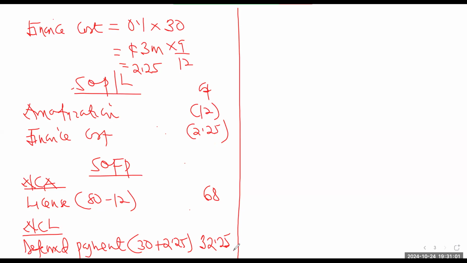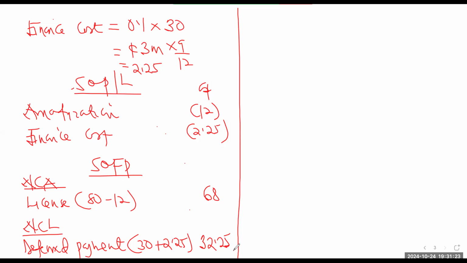So if the entity is committed to the renewal and the cost is insignificant, we add the period of the renewal to the normal useful life. We are going to be using the asset for 5 years. Then if we renew it, we still use it for additional 5 years again. That means that we are going to be using the license for 10 years. Okay, so we have the useful life to be 10 years.